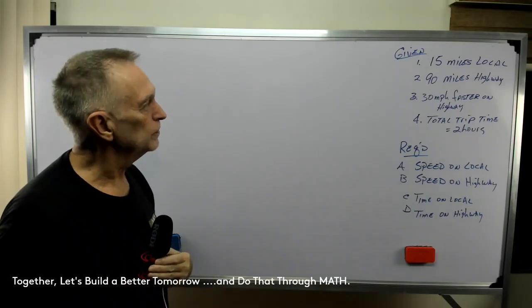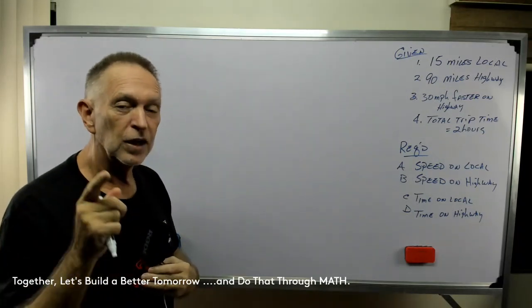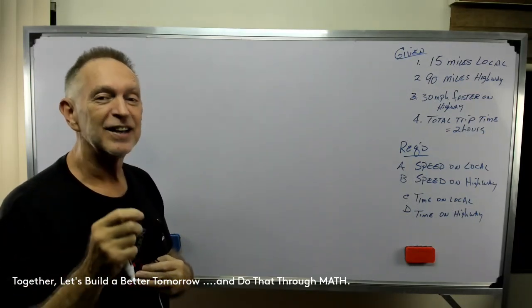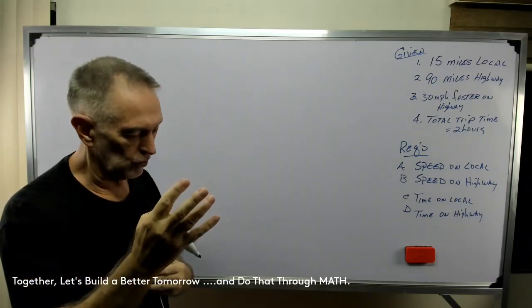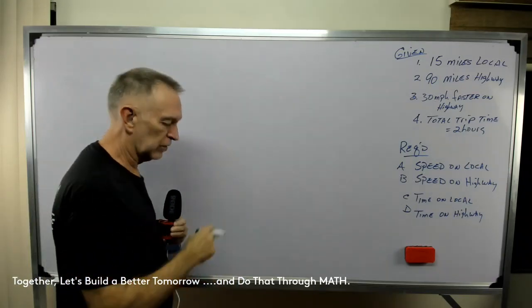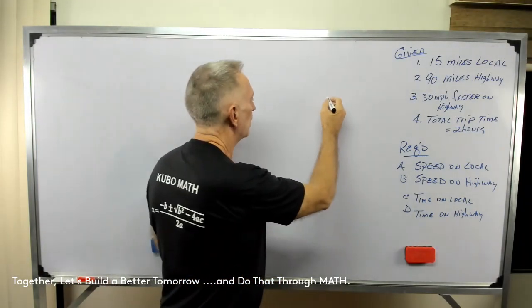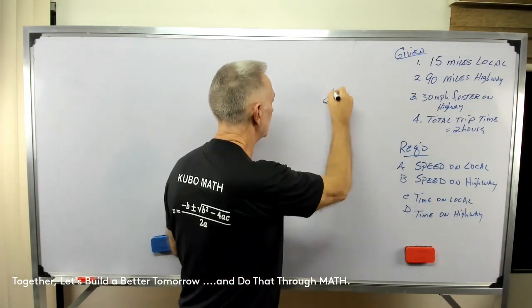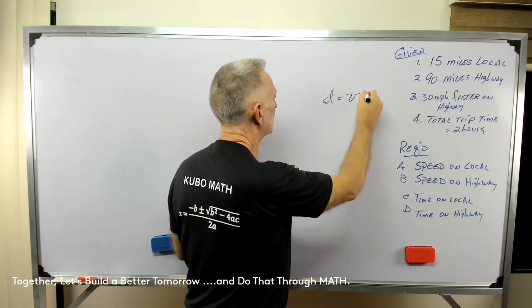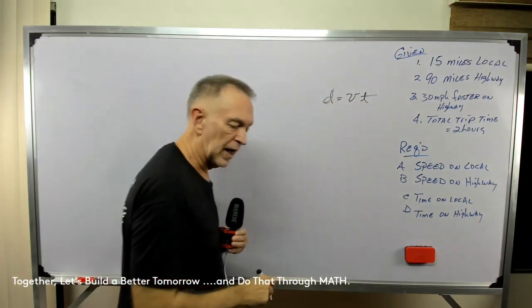What do we do? Well, a good place to start is with things we know. Okay, so one thing that we know is that distance equals velocity times time. Now, how do I know that?